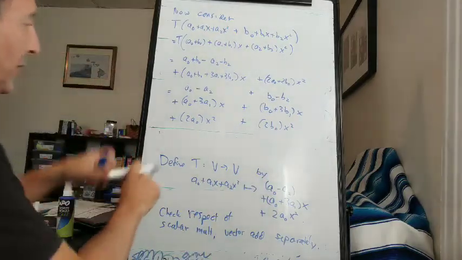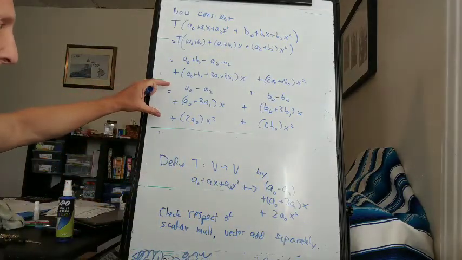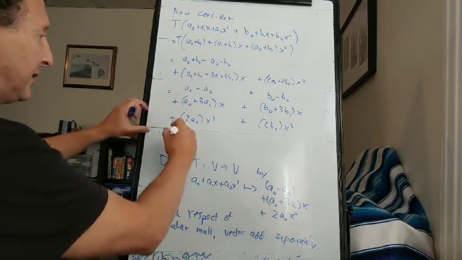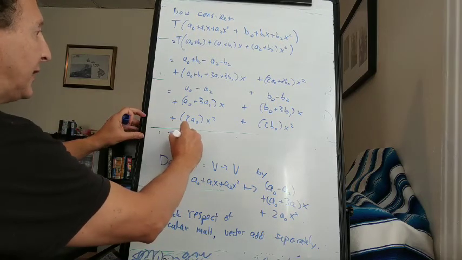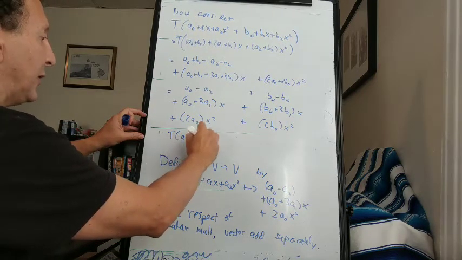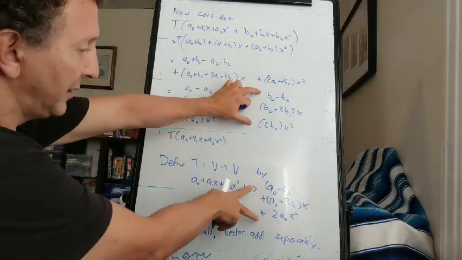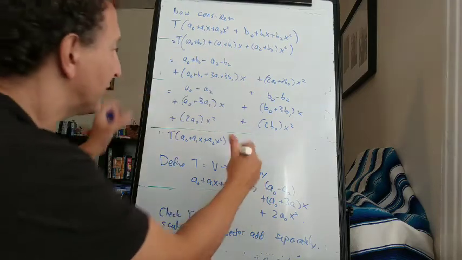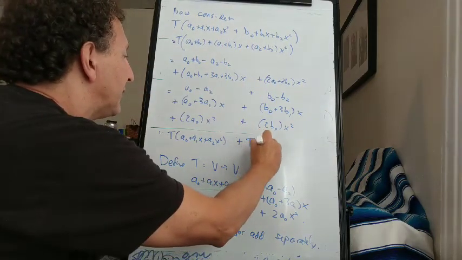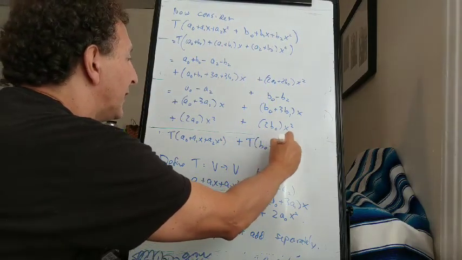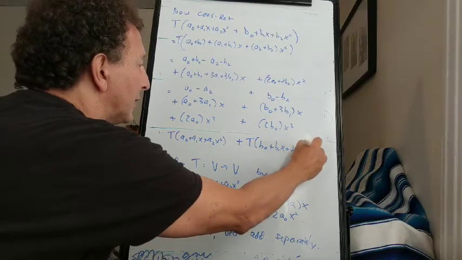So the a parts add up to exactly this. This is T of a naught plus a1x plus a2x squared, and then the b parts actually add up to that also. So that's plus T of b naught plus b1x plus b2x squared.